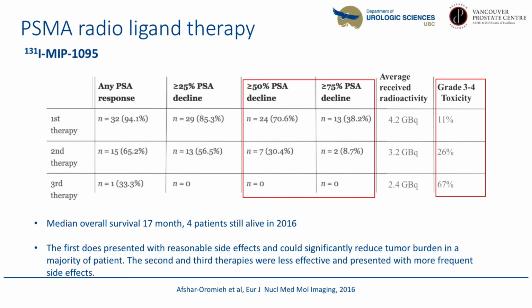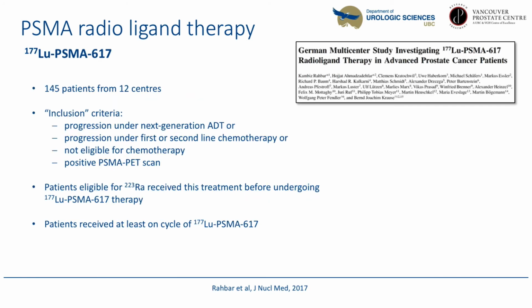After the second and third cycle, there was quite a lot of grade 3 and 4 toxicity, and that's not that tolerable for our patients. One other thing is that with this high gamma radiation, iodine patients needed to stay in the hospital for 7 days, whereas lutetium patients need to stay in the hospital for 2 days.